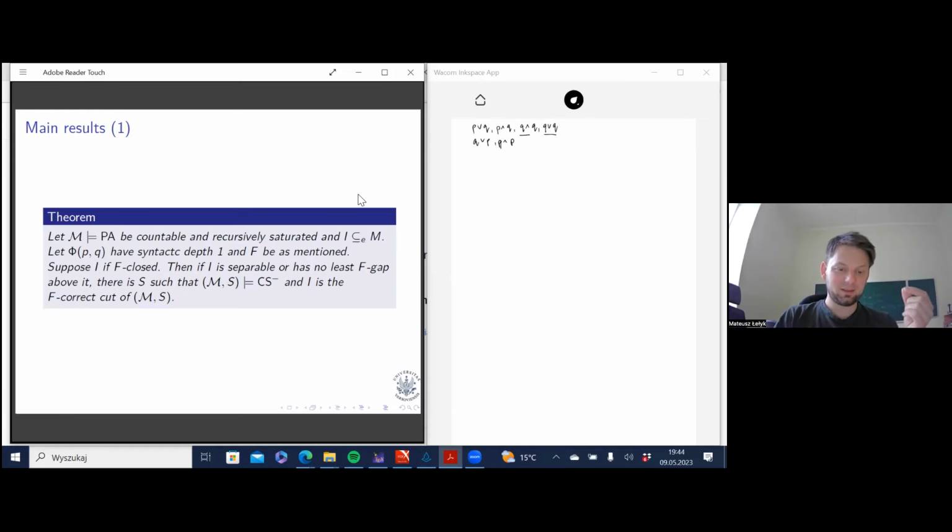And then we show that if I is separable, or it has no least F gap, then in this model, we can find a satisfaction class such that this cut I is exactly the F correct cut of MS.